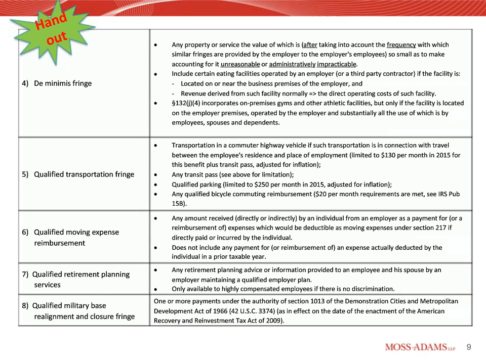Finally, you can cover on-premises gyms or other athletic facilities under this de minimis fringe. The key here is it has to be substantially used by employees, spouses, or dependents. So a lot of the athletic facilities that I see, the YMCAs or the colleges that have athletic facilities that they make available to employees, this exception generally won't apply for them because you don't have that substantially all of the use requirement met.